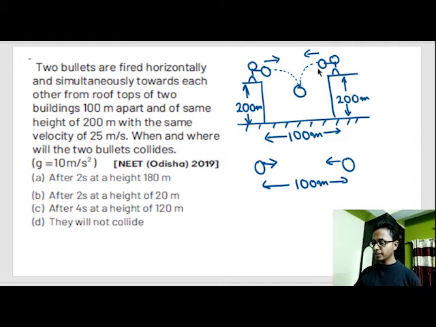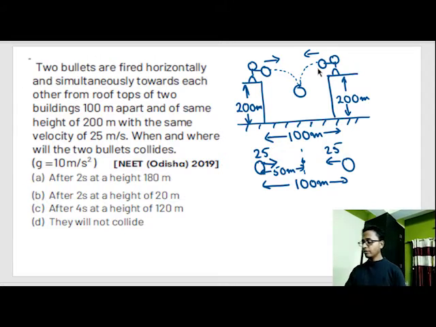Out here that velocity is given as 25 meter per second. By common sense, up till now you can easily deduce that they will collide at the midpoint because their velocities are the same. So this is 50 meters.